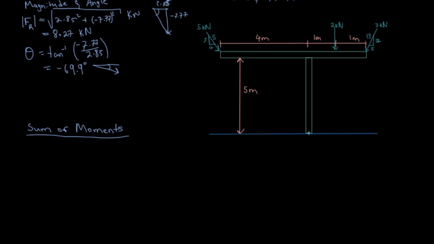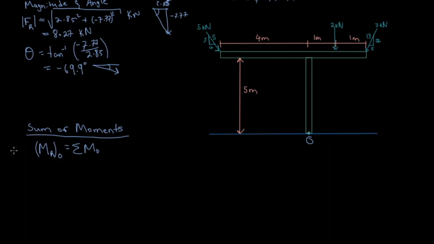For a sum of moments, we know that the resultant moment about point O, the origin, and point O being here, is equal to the sum of moments around that point.